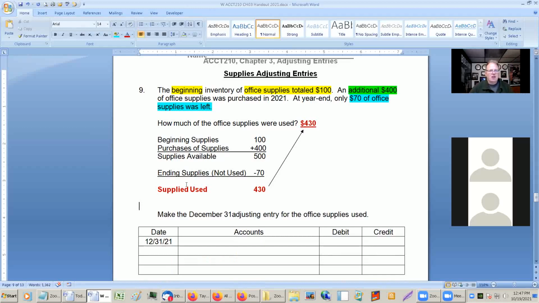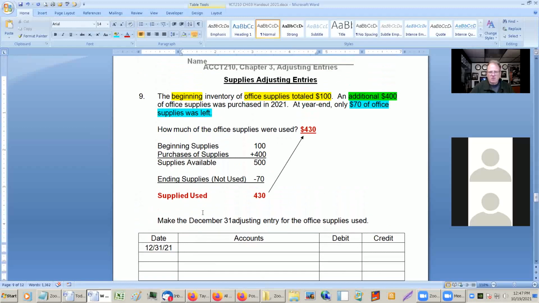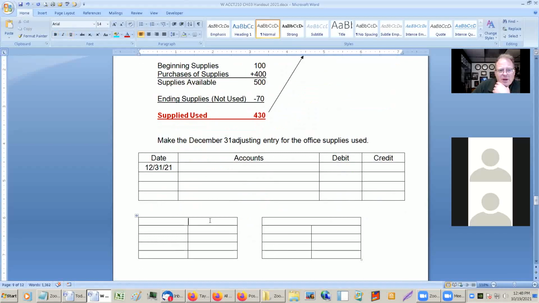Okay, so what would be the journal entry? Well, first of all, let's think about what accounts we are probably going to use. Now, this is at year end, so we're not talking about the purchases or the beginning inventory or any of that stuff. What we want is the journal entry for the supplies used, $430.